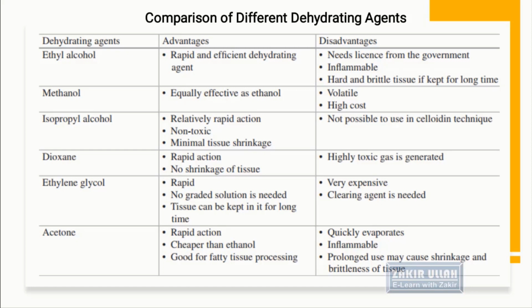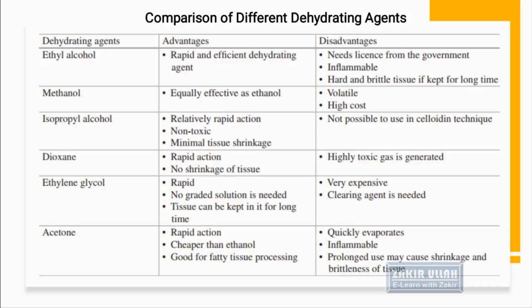Ethylene glycol also has rapid action. No graded solution is needed with the ethylene glycol, and tissue can be kept in ethylene glycol for a very long time. The problem is that it is very expensive and another clearing agent is required.